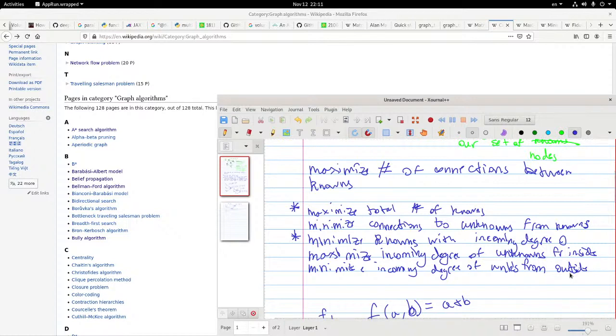So I want to maximize the incoming degree of unknowns from inside. I want to minimize the incoming degree of unknowns from outside.